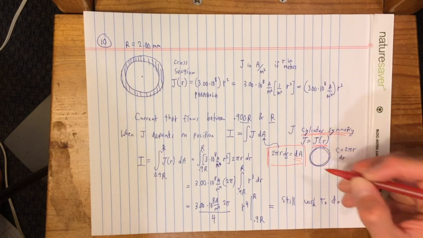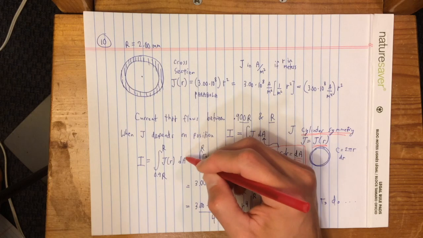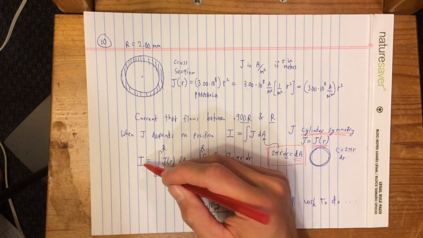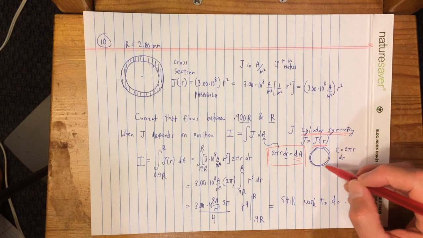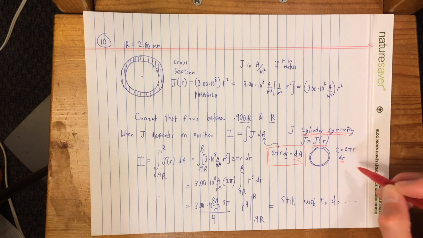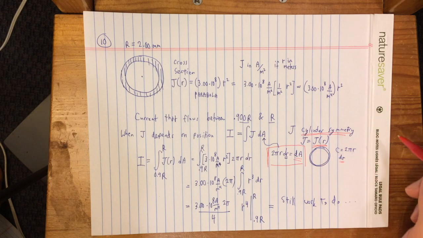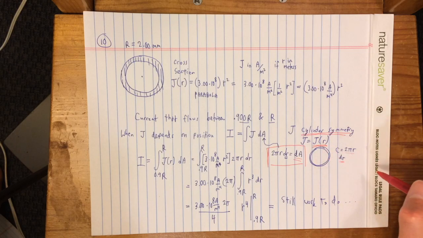The area element, this is current per area, so I need to multiply by an area to get a current. So here's the area element, this really narrow ribbon. This is the width of a little ribbon of area, and this is the length of it. It's just the circumference around the circle. I think that some of those things are kind of crux moves.